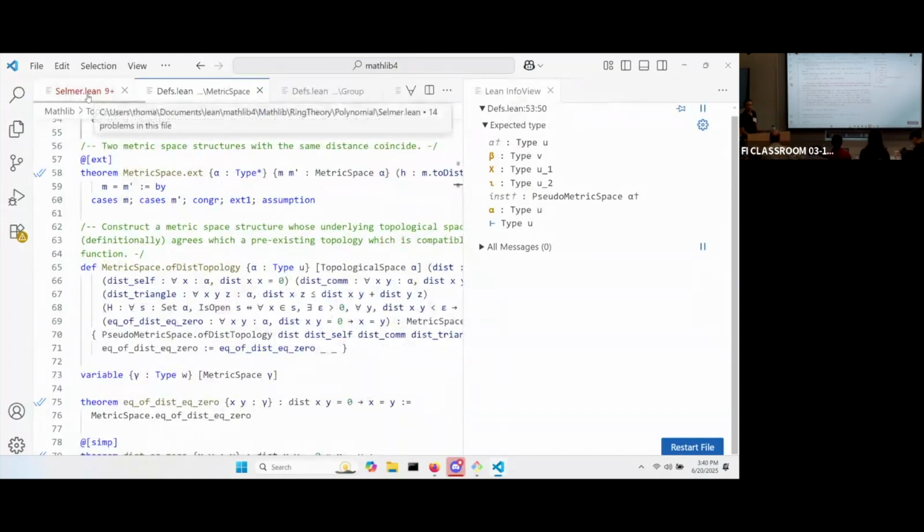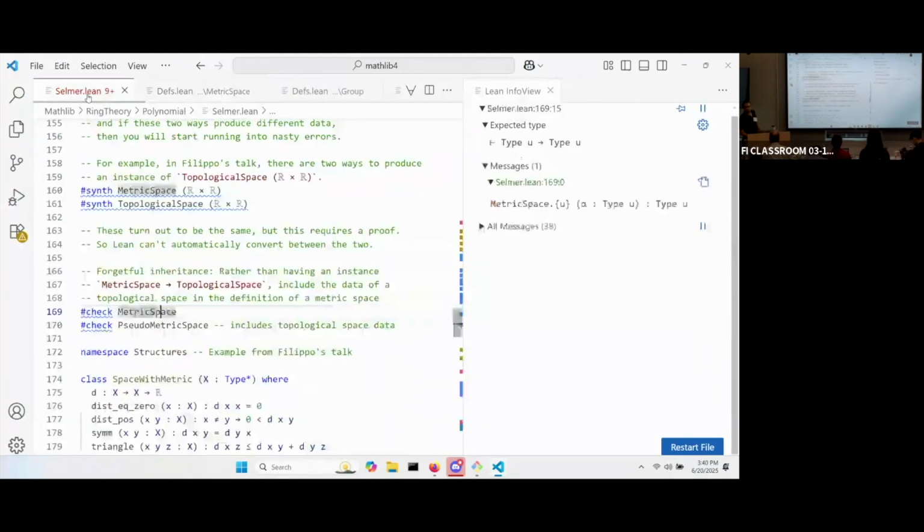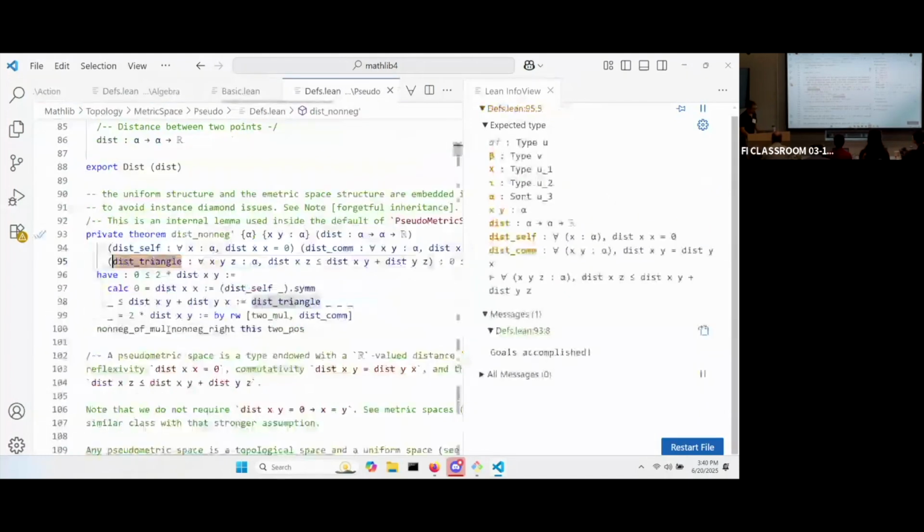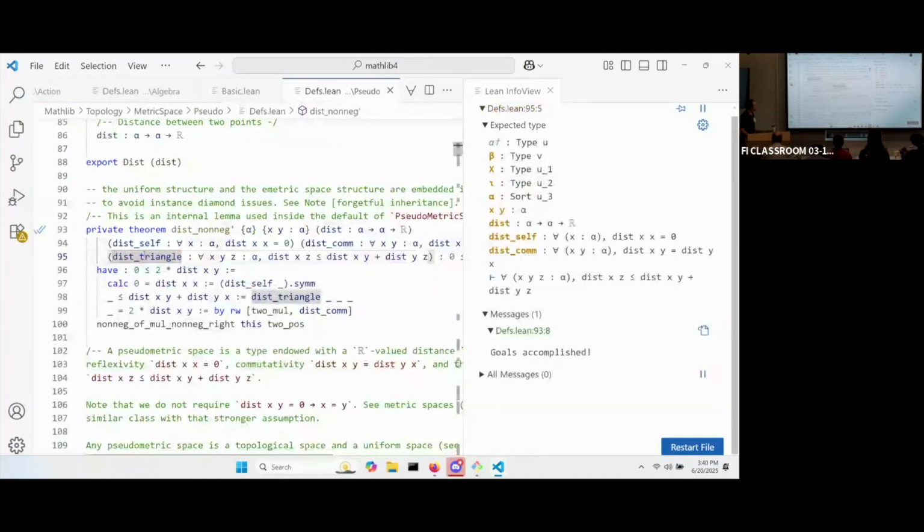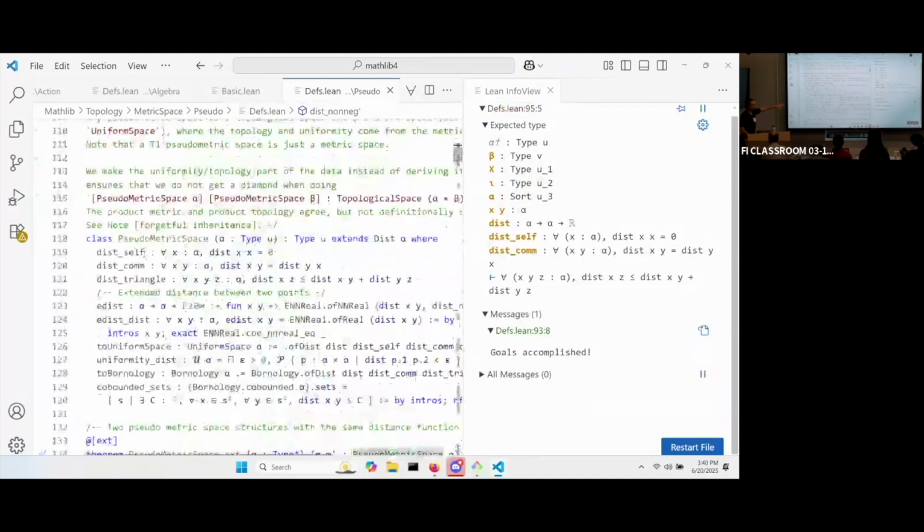Sorry, the last thing you said, when you have these two potentially conflicting pieces of data, I think my interpretation of what you were showing us was that when you go to metric space, it includes a proof. You're also forced to carry a proof that the two conflicting things are not in fact conflicting. Yes, that's right. But you carry around the proof, but the proof doesn't help Lean resolve things. The proof helps you resolve things.